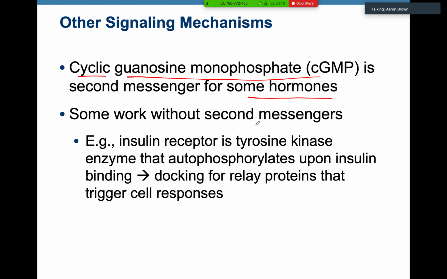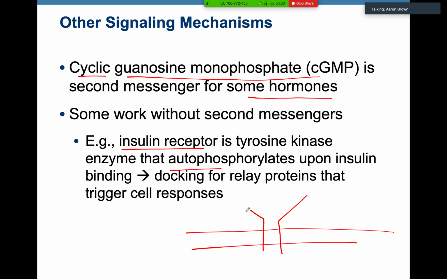Last, you have some working without second messengers. So the insulin receptor is a tyrosine kinase that has autophosphorylation. For our insulin receptor, here is our cell membrane. This is an insulin receptor, and this is an insulin receptor. These are two different insulin receptors. One of these is going to bind to insulin, and one of these will bind to insulin.